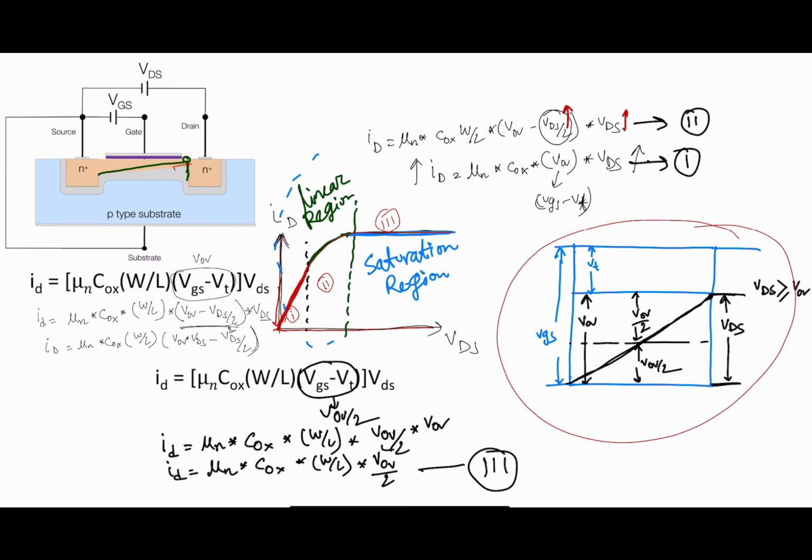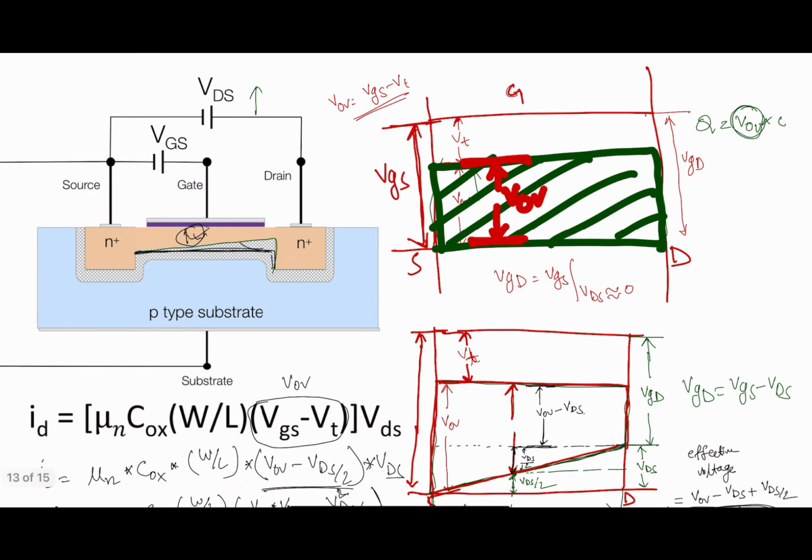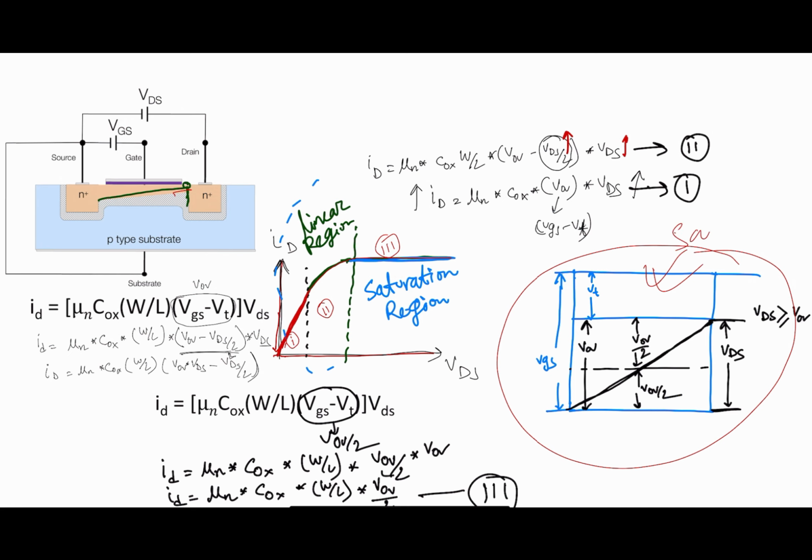Whenever you derive the equation, you need to draw this one and also this one and this one. This one is for linear, this one is for the parabolic part, the saturation-to-linear transition, and this one is for saturation.